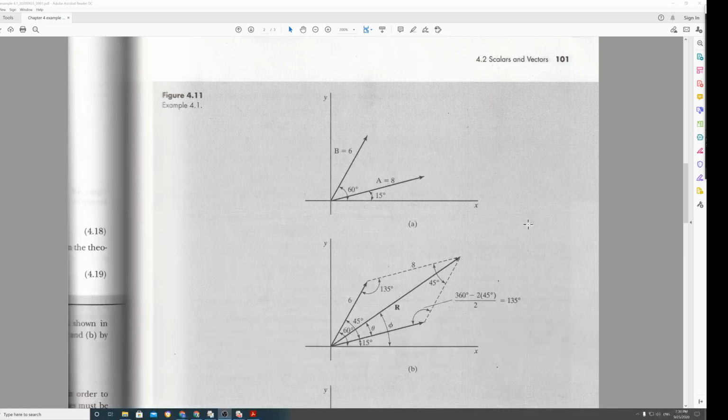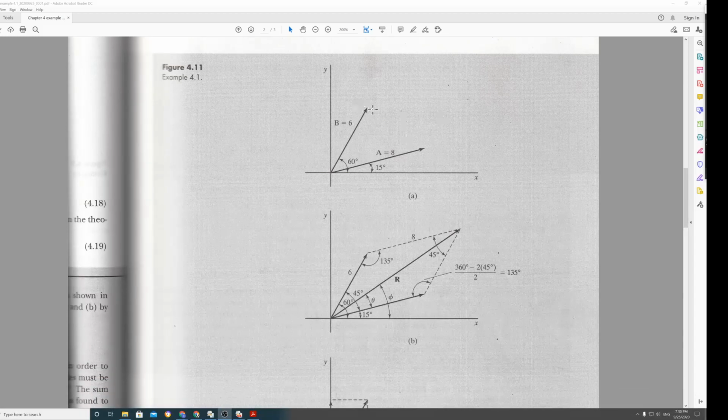So the next step is you create a parallelogram by doing a head-to-tail method, or tail-to-head, however you want to say it. Tail-to-head, let's say, so you take this vector and stick it right on here, and then you take this one and put it right here, and they'll meet at the end. This is vector A being placed here, and this is vector B being placed here.